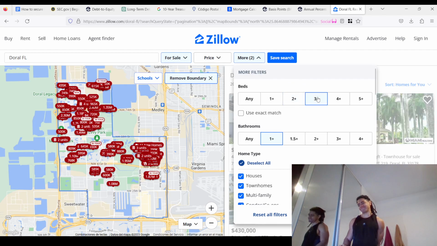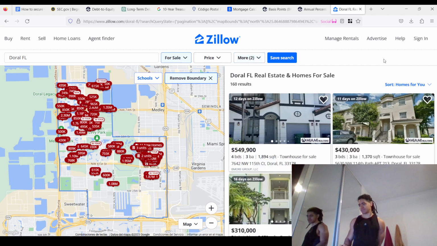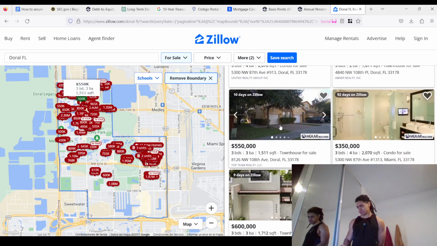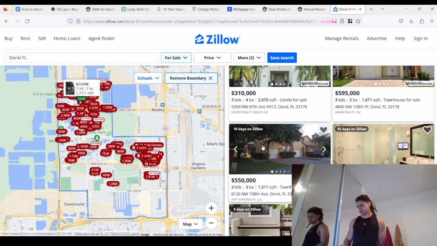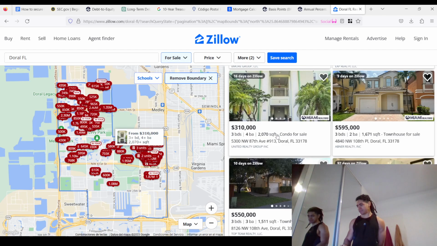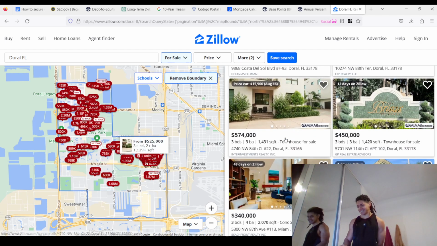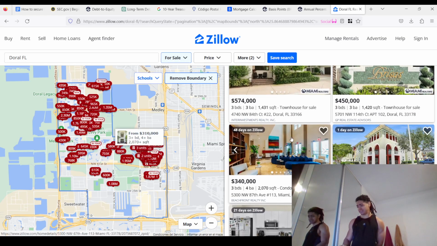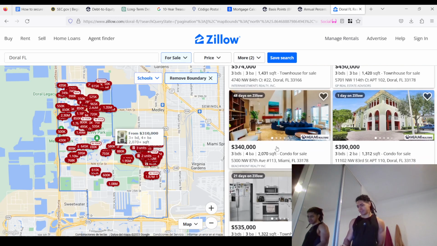Yeah, this is if you want to have kids, my friend. Three bathroom, four bathroom. What the hell is this? This is so massive, bro. 340, 390.